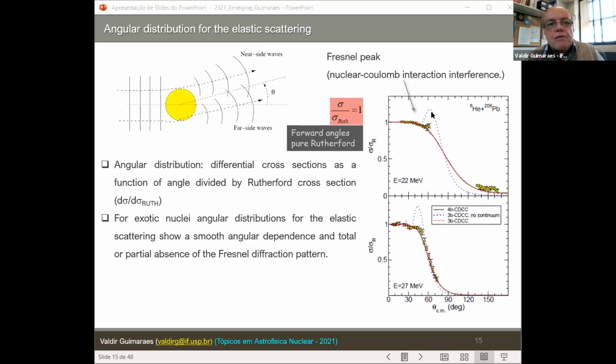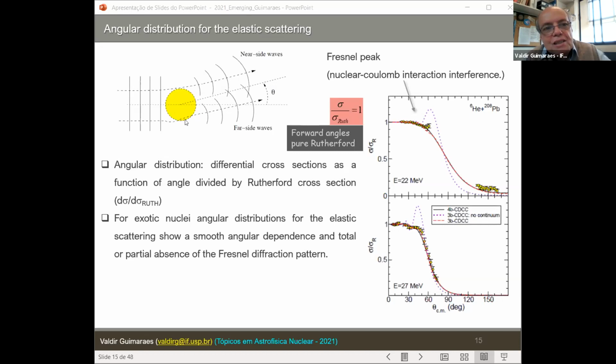Fresnel peak. The Fresnel peak is an interference between Coulomb and nuclear potential. So if you have this near side and far side, on the near side you have a smaller influence of the nuclear potential, and here we have a stronger influence of the nuclear potential. So if your system is weakly bound, your potential also might not have a hard disk structure.